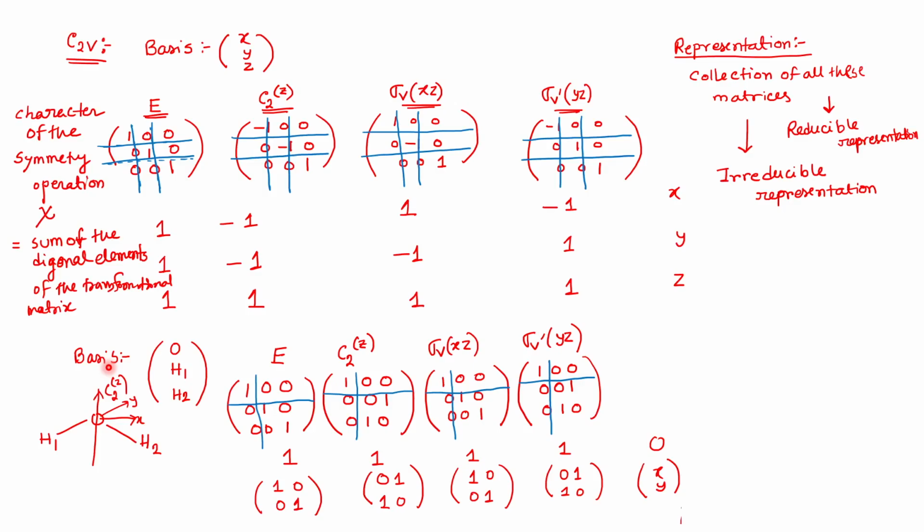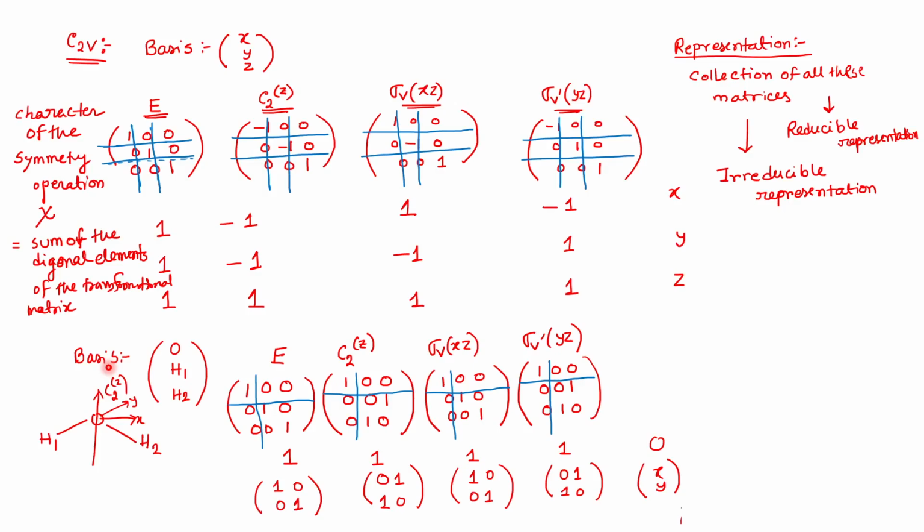Suppose you are going to take the Cartesian coordinates for each atom. Suppose you are going to take x y z for H1, x y z for oxygen, and x y z for H2. What kind of transformation matrix are you going to generate from that basis set?